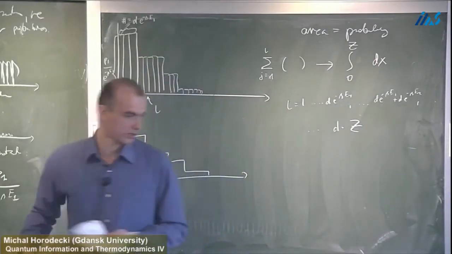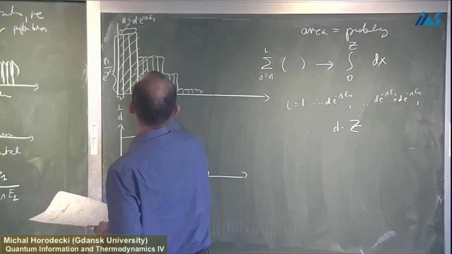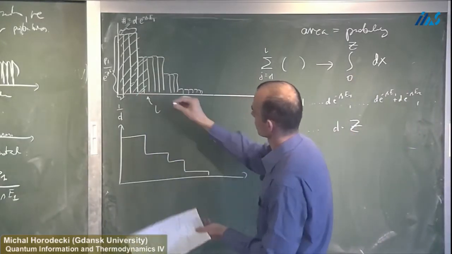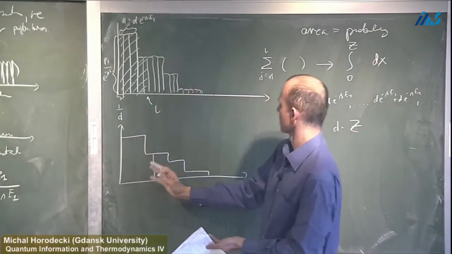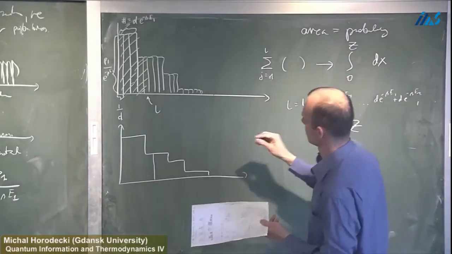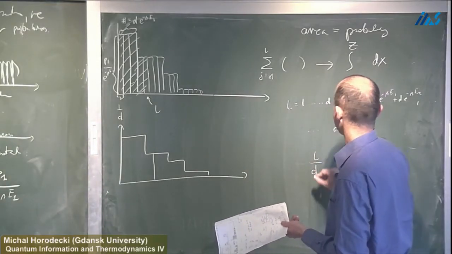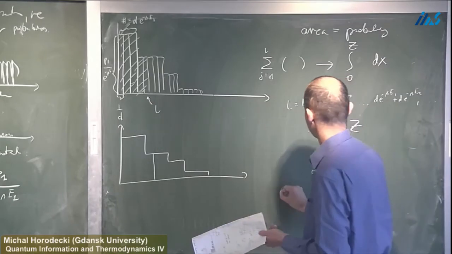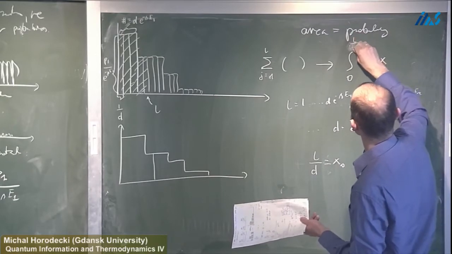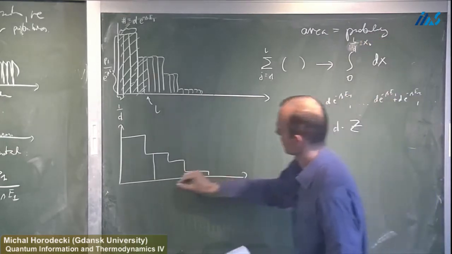So I want to sum up these, but because this is very tiny, it amounts to really integrating from 0 to some x0, that is simply L divided by D will be x0. So this will go, sorry, not to Z, but just to L divided by D, which will be this x0 that I have here, right?